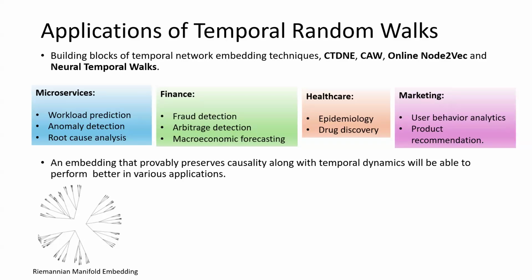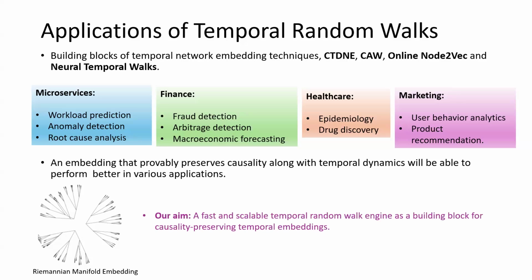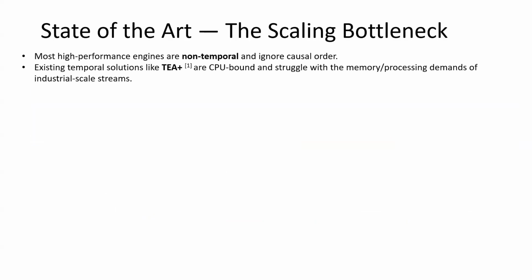So by pairing them with a fast and scalable temporal random walk library, potentially we can generalize them to a lot of other temporal networks as well. Our aim is to create a fast and scalable temporal random walk engine as a building block for causality-preserving temporal embeddings.